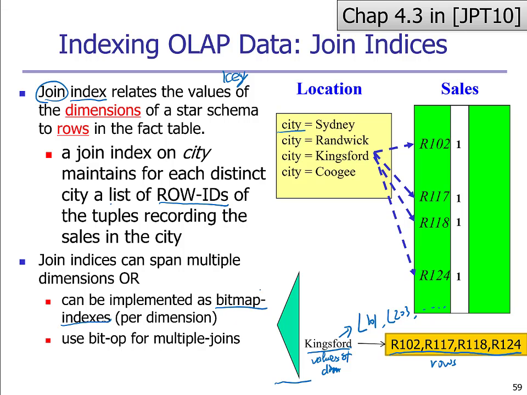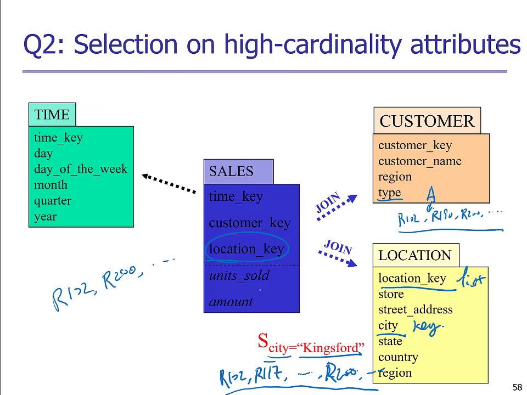Because for a bitmap join index, the length of the bit vector is equal to the length of the fact table, or how many rows are in the fact table. All right, but since for join index we're considering high cardinality attributes, arguably we can expect that for each attribute value, the corresponding list won't be very long compared to those low cardinality attributes, right?